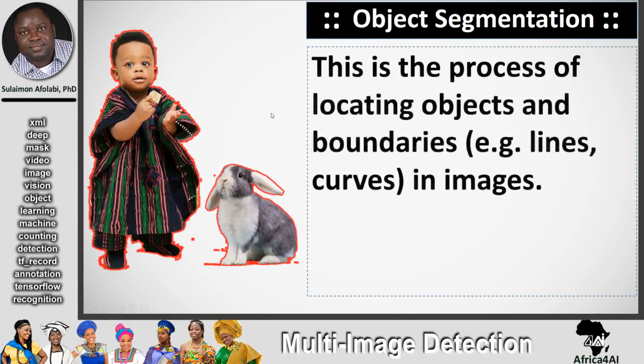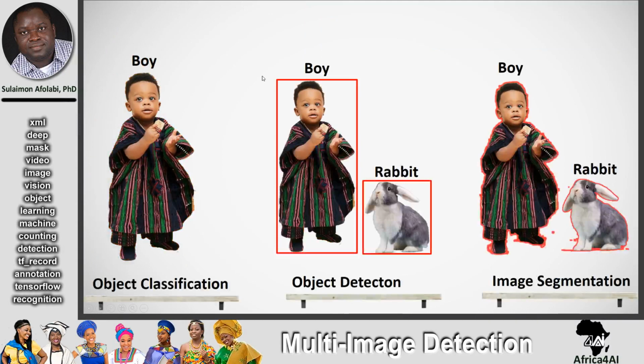Object segmentation. This is the problem of locating objects and boundaries, e.g. lines, curves in images. So we are trying to segment, as the name suggests, and it's also used interchangeably with masking. Okay, so here are the three main categories.